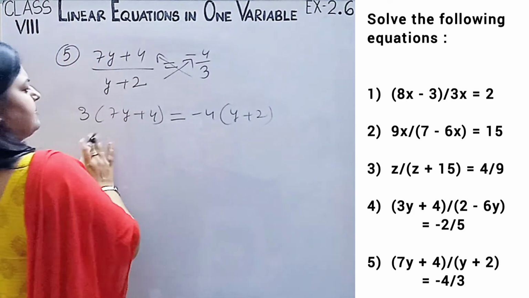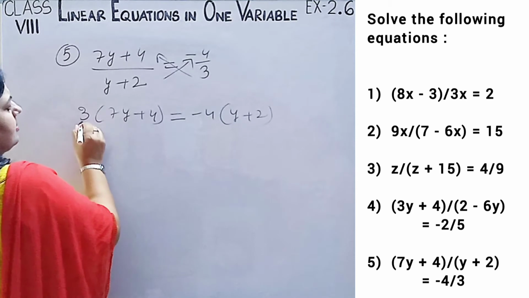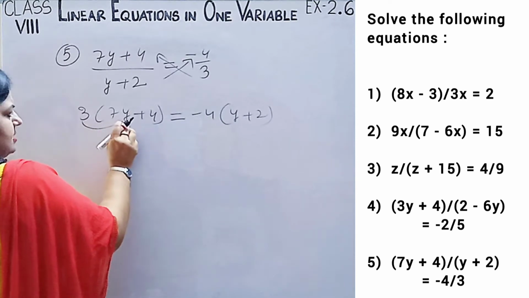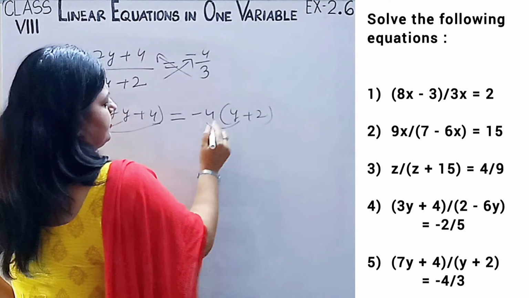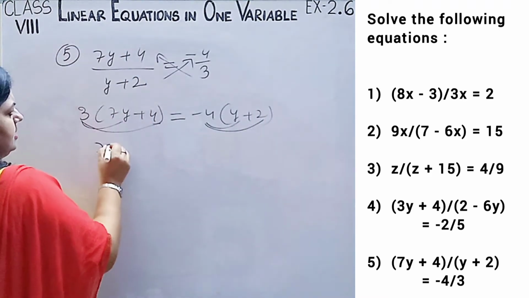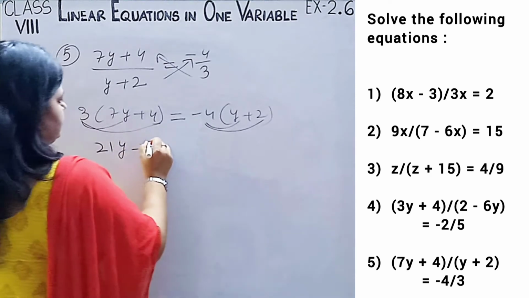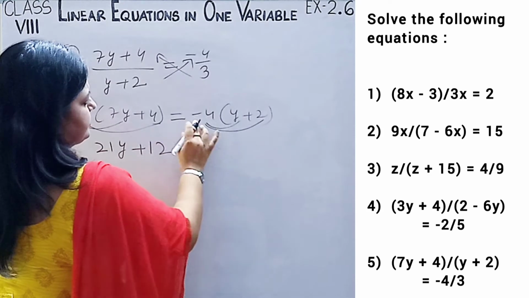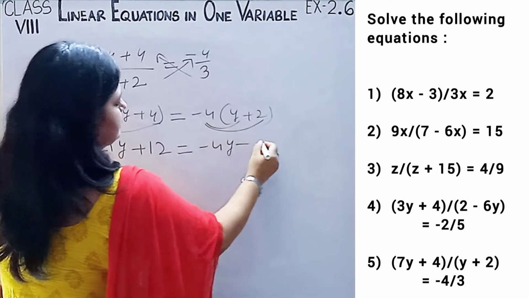So first we have to simplify, remove bracket. So 3 will be multiplied with first 7y, after that with 4, and this minus 4 will be with y, and after that with 2. So 3 7s are 21y plus 3 4s are 12 is equal to minus 4 into y, minus 4y, minus 4 into 2, minus 8.